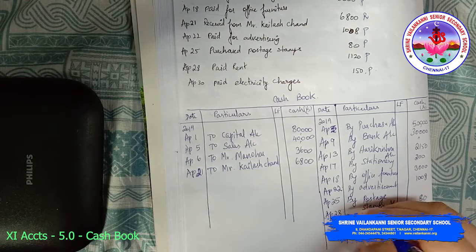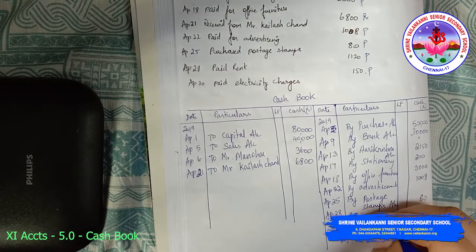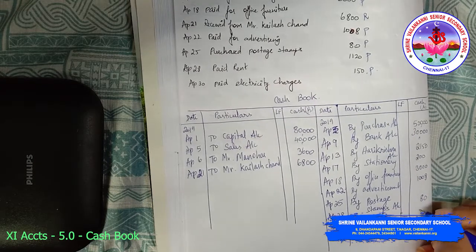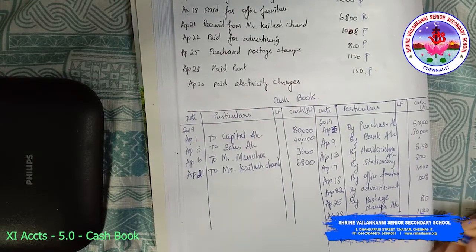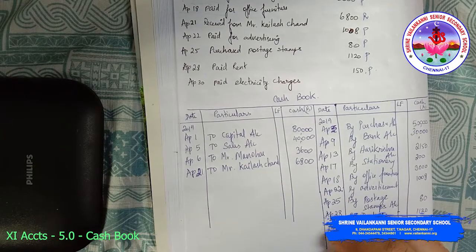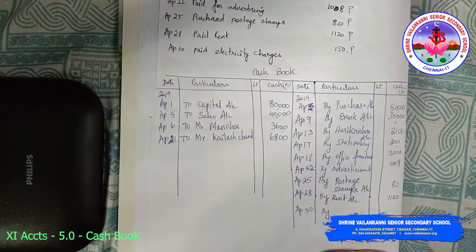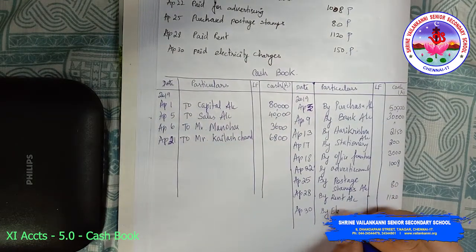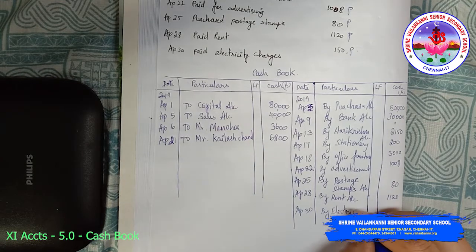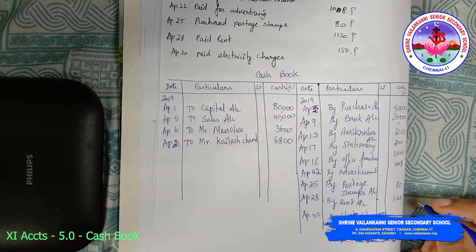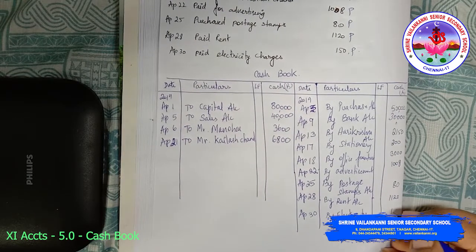April 28, by rent account, 1,120. April 30, by electricity charges, 150.